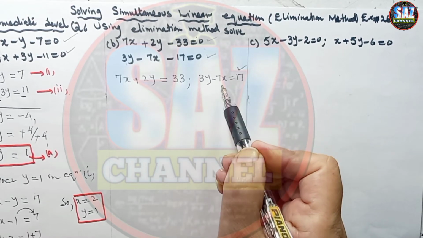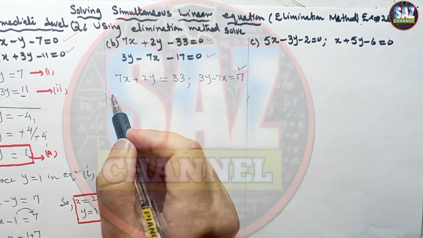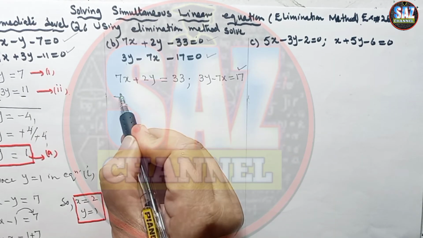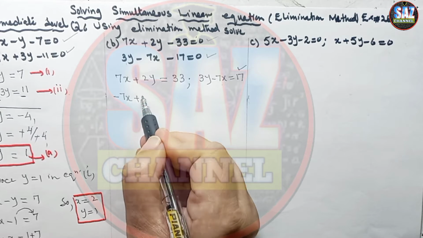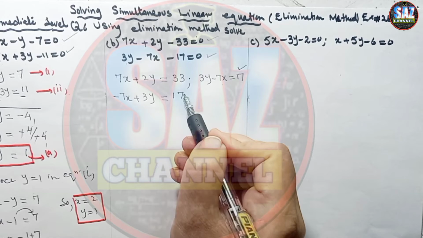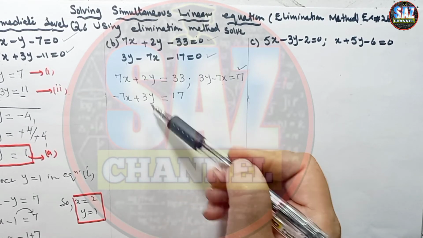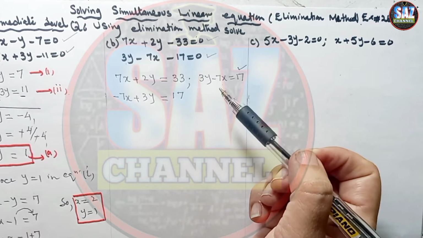Now we have to place the like terms under like terms. So I have to write minus 7x in the beginning, plus 3y later, equals 17. Now both the equations are in standard form with variables at the proper place and the constants at their proper place.